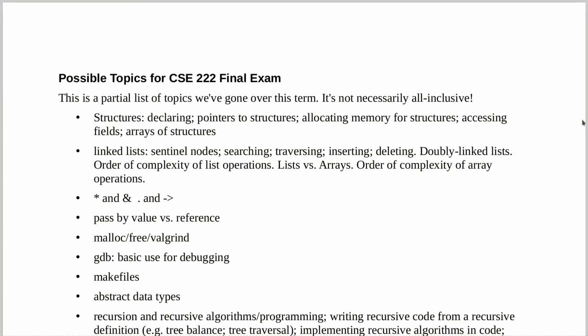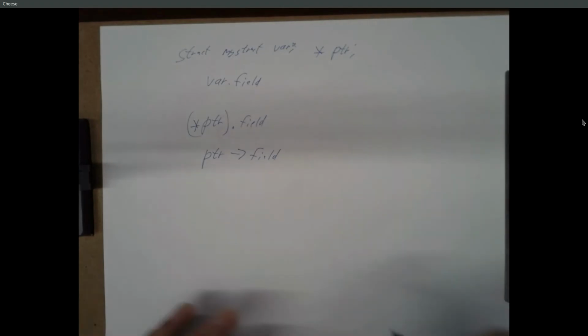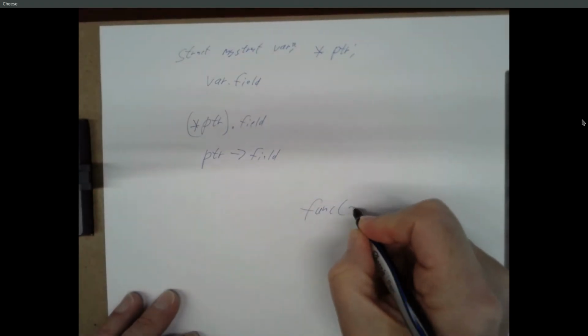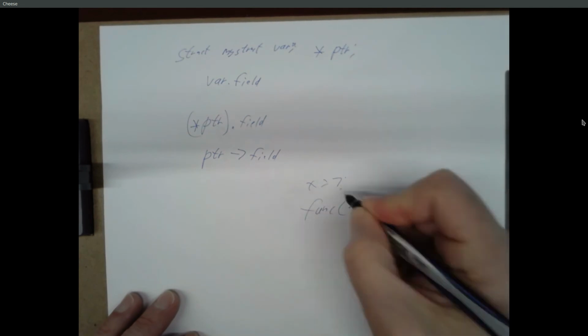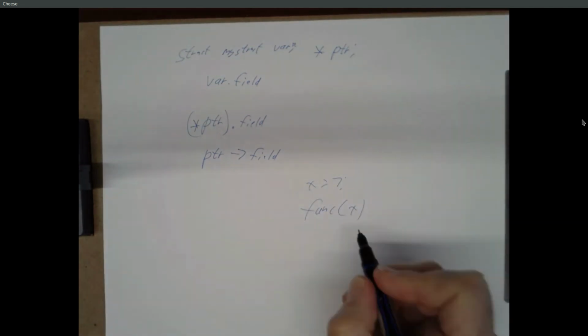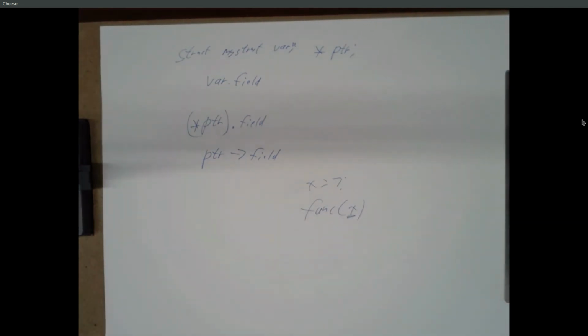Pass by reference means if I call a function and I say function parentheses x, the compiler actually passes the address of x. So call by reference is kind of always putting an ampersand in front, and other languages do that, but not C. If I say function of x, it actually passes the number 7 to the function.